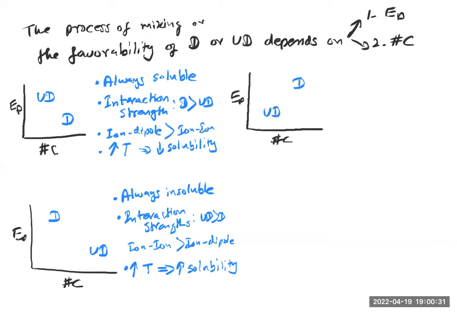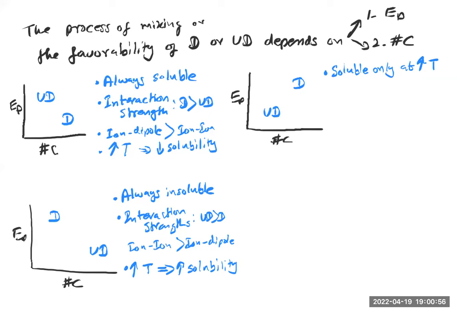Then the potential energy does not favor the dissolved state, but the number of configurations does, because you have a higher number of configurations. If you have a situation like this, this is going to be soluble only at high temperatures, because the dissolved state has a higher potential energy.